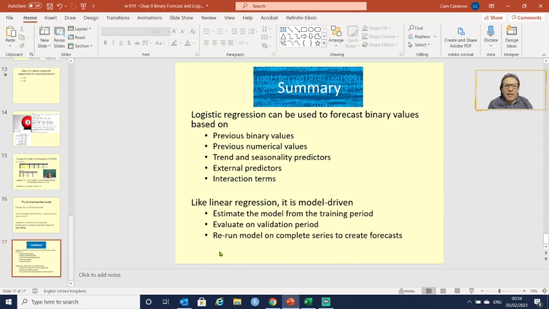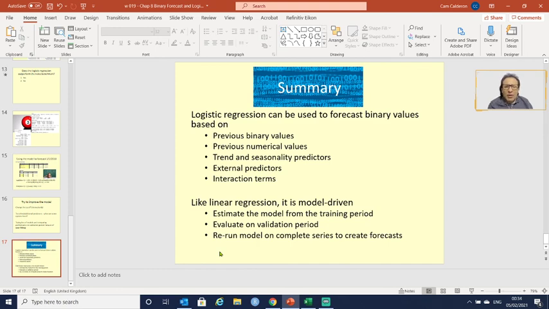This is the summary, guys. Logistic regression can be used for binary values, previous binary values, previous numerical values, trend and seasonality predictors, external predictors, and interaction terms. Like linear regression, it is model driven.